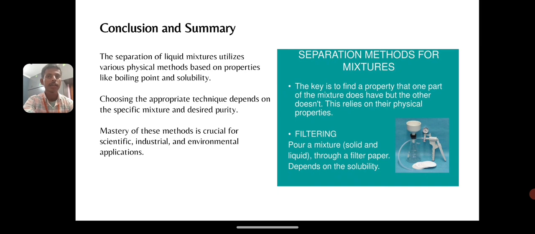These techniques are essential not only for scientific research but also for industrial production and environmental management. A clear understanding of them helps us to appreciate how everyday products are made safe and pure. Mastery of these methods is crucial for scientific, industrial, and environmental applications.